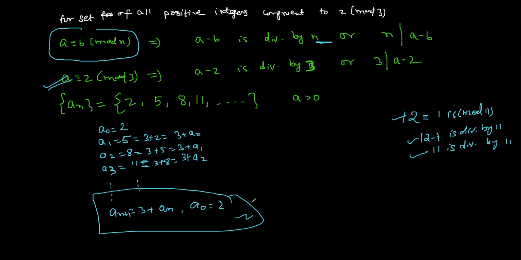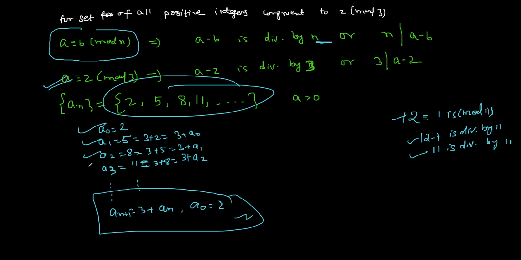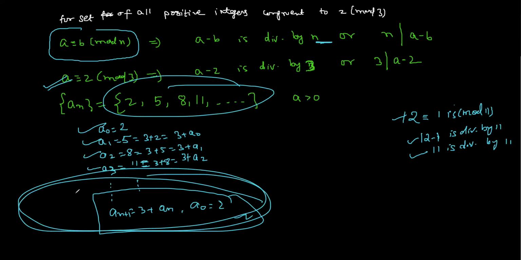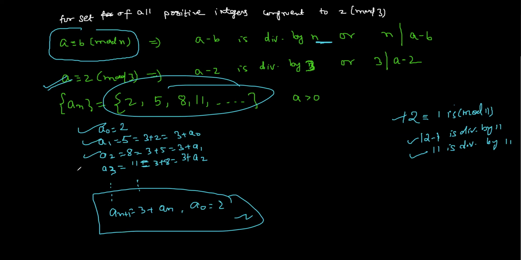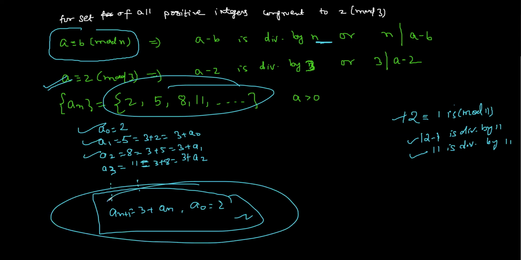First, you have to find the sequence. What is a sequence? This is called a sequence. And with the help of the sequence, generate the formula and then generalize this. Okay?